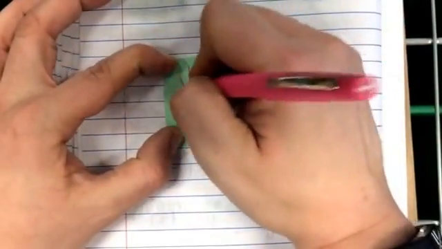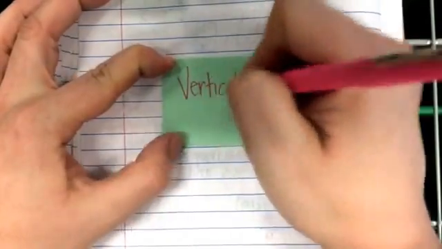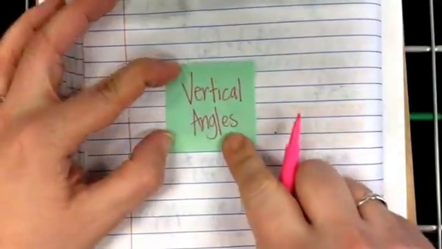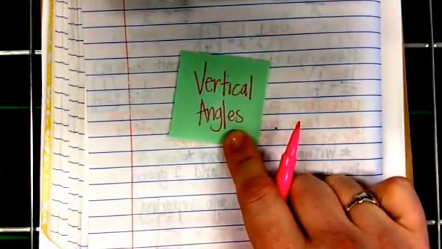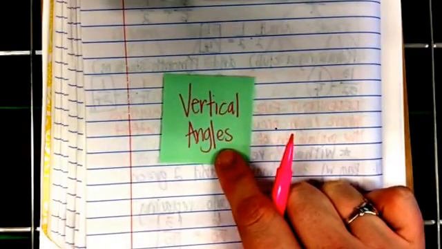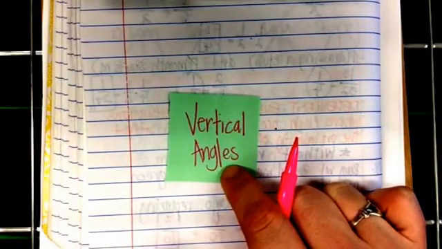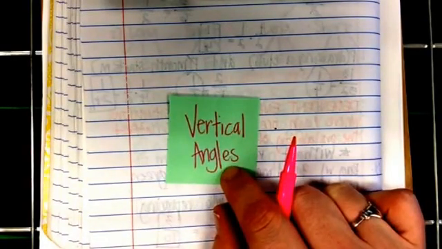All right, so now we're going on to relationships. Because now I'm adding an S to the end of it. It's not just one angle, it's multiple. Vertical angles. What does vertical mean?